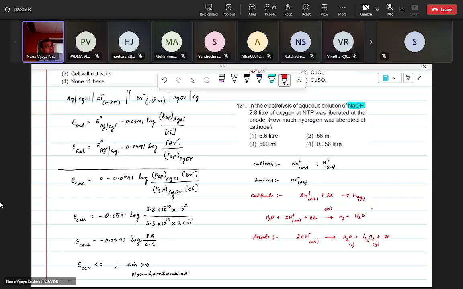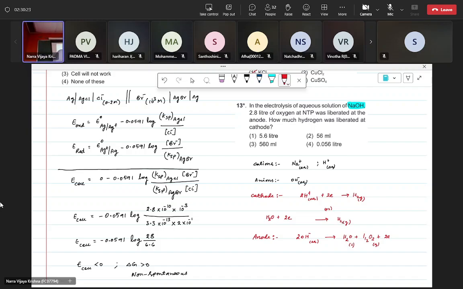Other than this, what can we write? Is there any other possibility? I will need to use H2O by adding electrons and I need to produce H2. This is the reaction I have to write. How to do it?